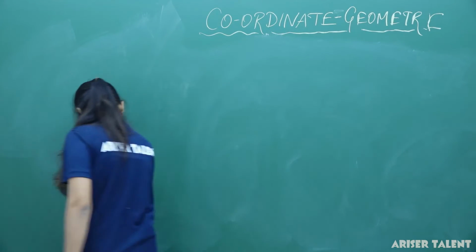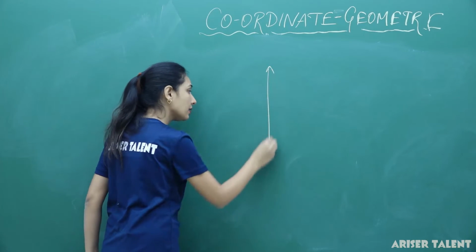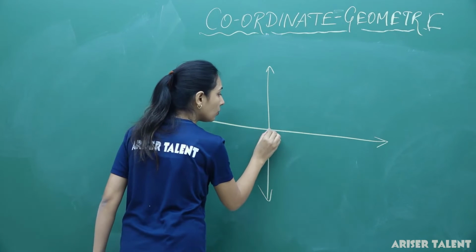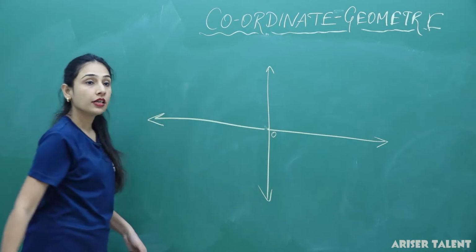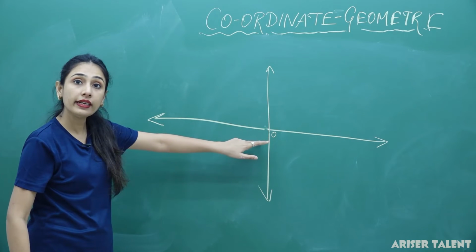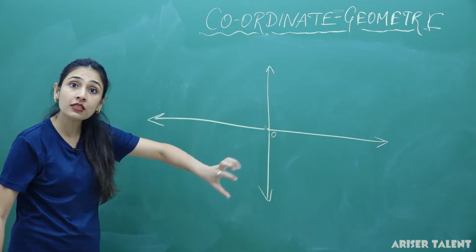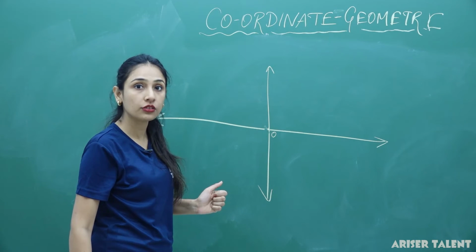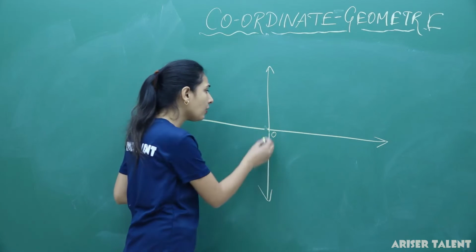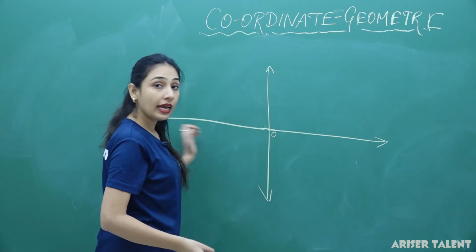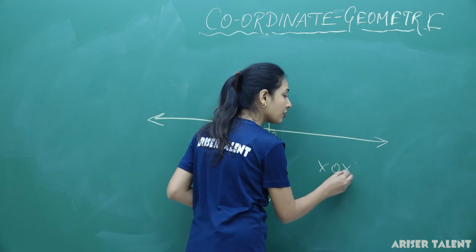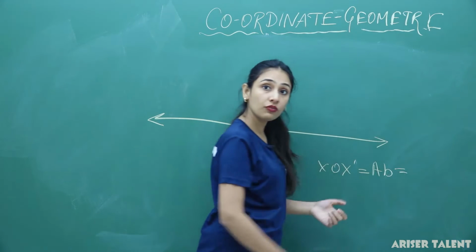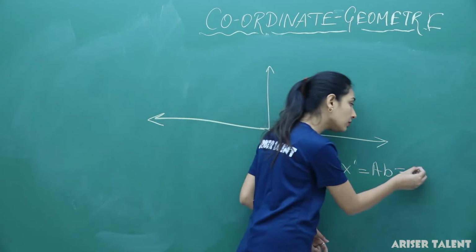Now, one more important thing: this is the y-axis and this is the x-axis. What is the coordinate of this particular point? Coordinate means the abscissa and the ordinate of this point. If I ask you, you will simply say, ma'am, on the X O X dash axis we find the abscissa, and the abscissa of this point is 0 because it is located at 0.